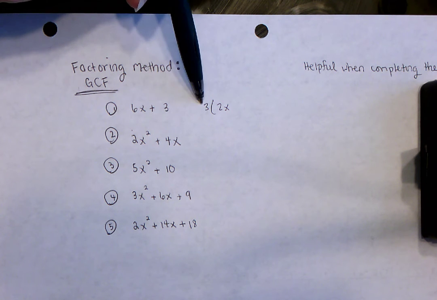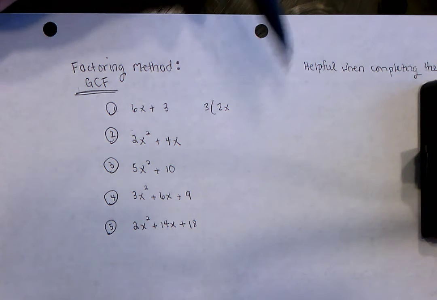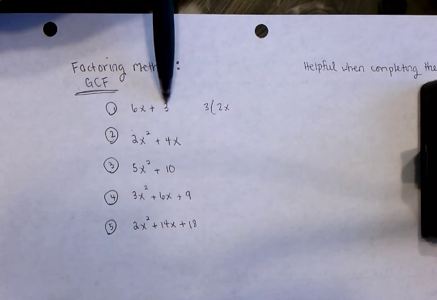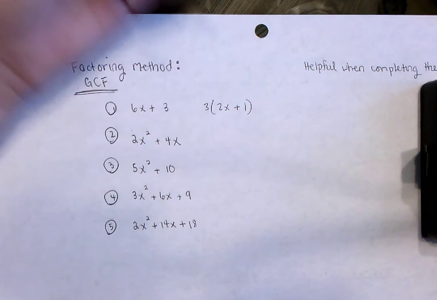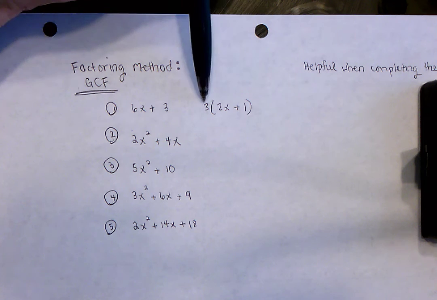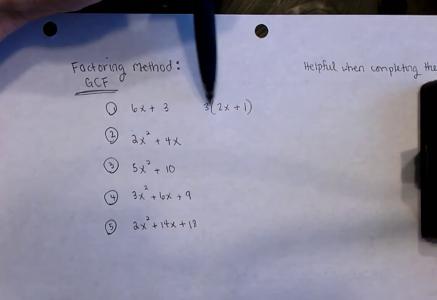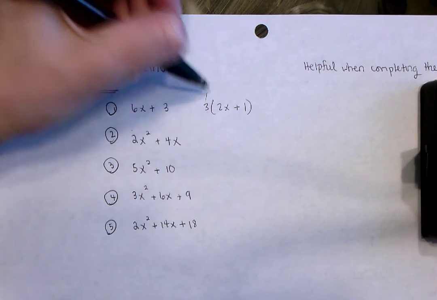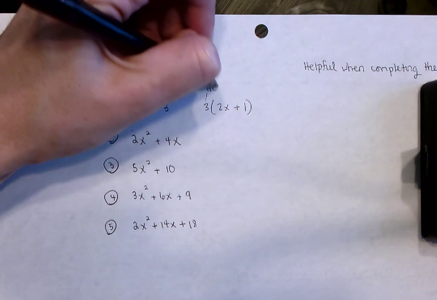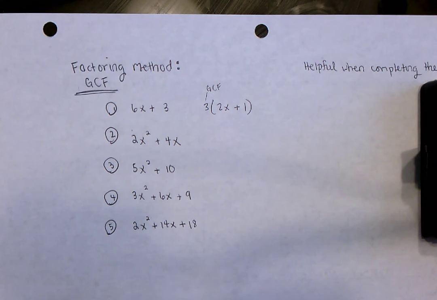So 6x divided by 3 leaves me with 2, and then I have my x attached to it. And again, 3 divided by 3 is 1. Or you can think what number times 3 would give me 3, either way. But that is rewritten now, in factored form, and 3 is the greatest common factor. And I've written it out in front.